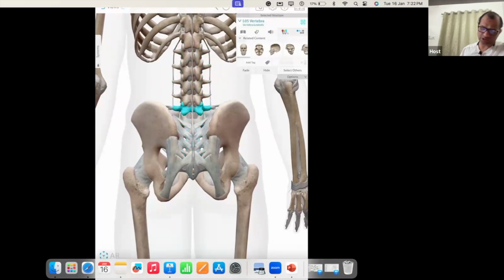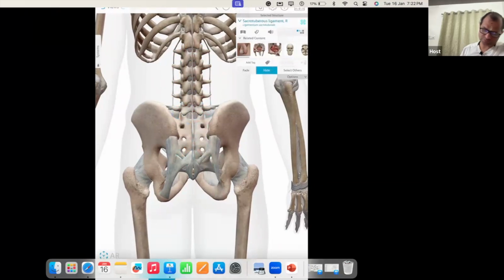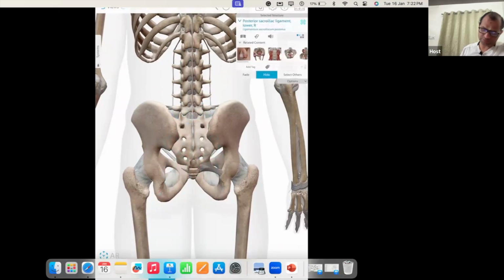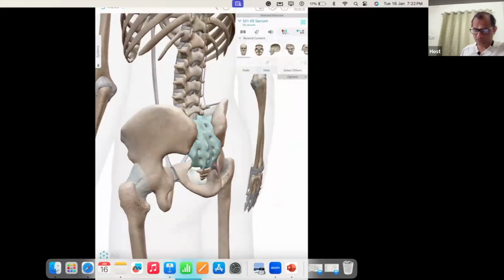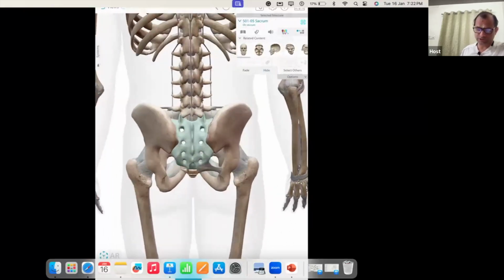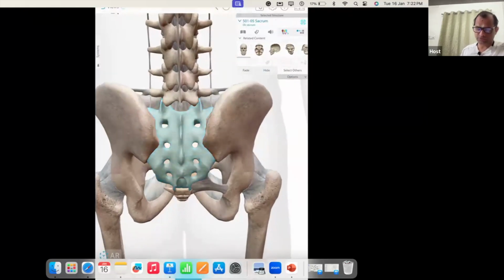So this is lumbar 5, and after lumbar 5, if we look down, we can see the sacrum bone here. So this is the sacrum. The 5 bones are fused together and becoming one. So we can see the multiple sacral foramina.